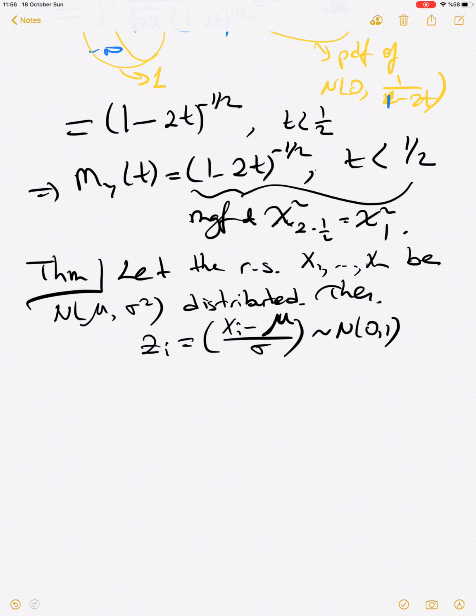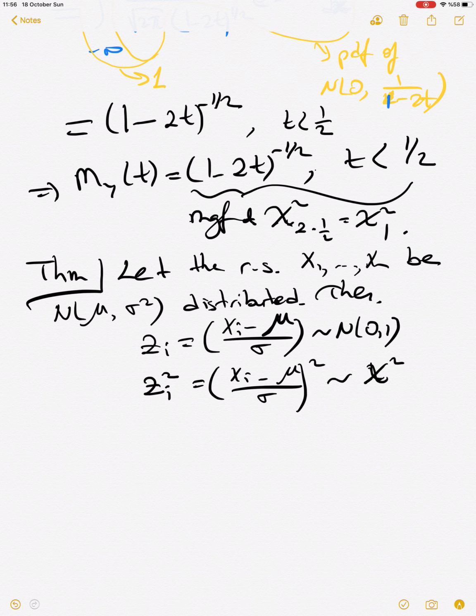This is the first theorem about the normal distribution: a linear combination of normally distributed random variables will again be normal. So you can prove it like that. And we know that when we have a standard normal distributed random variable, the square of that will be chi-square distributed with degrees of freedom 1.